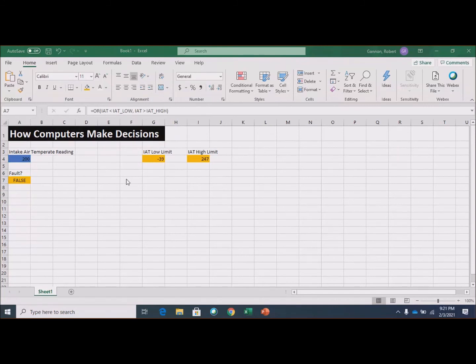Now let's go with one more example. The computer can also make sure that multiple conditions are met. Think about this. You go to start your car. Nowadays, you have to step on the brake pedal and press the start button. How would a computer handle that? Let's say this is the brake pedal, I'll rename this brake.